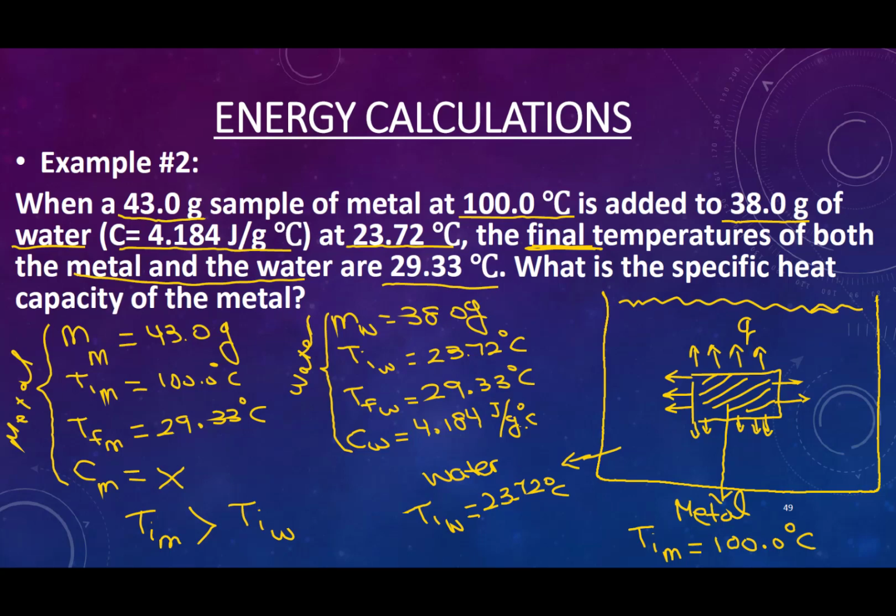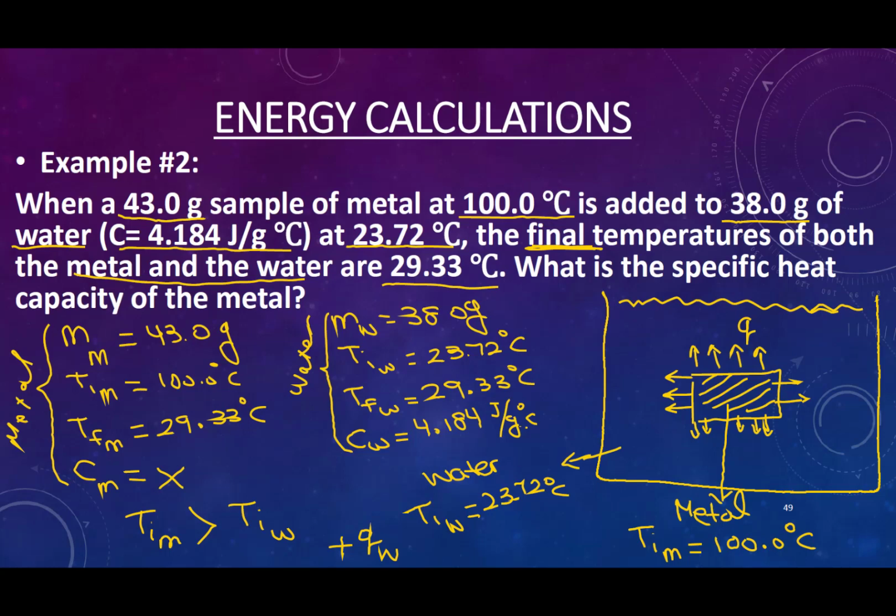Then the metal is losing its heat, and it's giving it to the water. That means water is gaining it. Okay? Then if the water is gaining the heat, its heat or Q is positive.